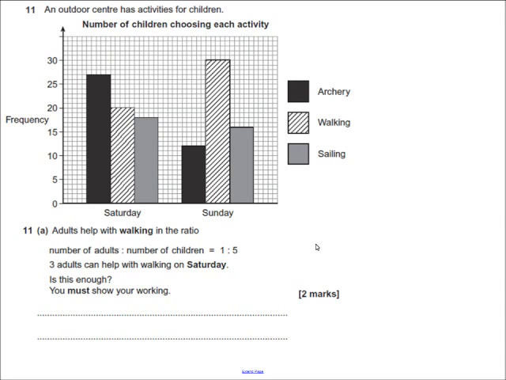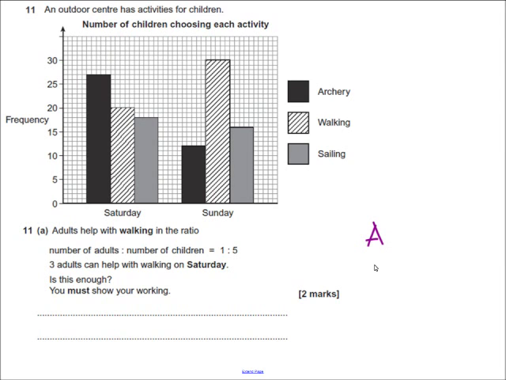Question 11. An outdoor centre has activities for children, and it's got archery, walking and sailing, and it's represented on a bar chart with frequency going up the y-axis and the days Saturday and Sunday across the x-axis. Now, question 11a tells us that adults help with walking in a ratio, and that ratio is adults to children 1:5.